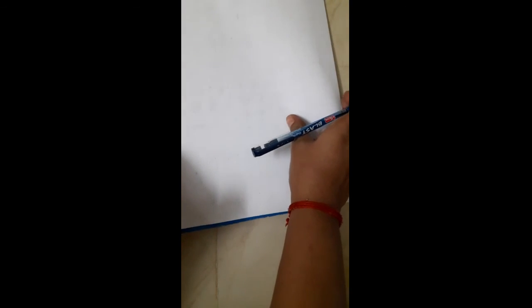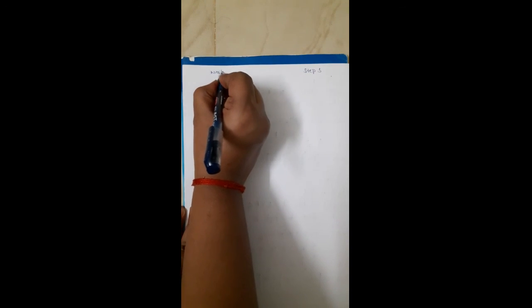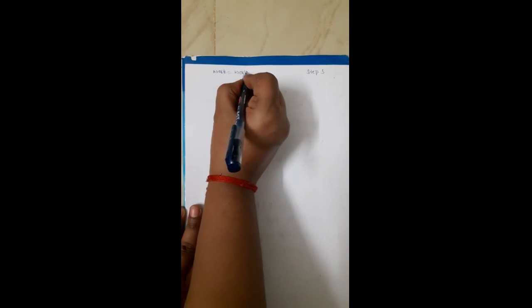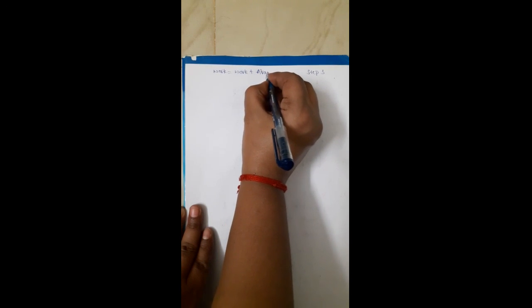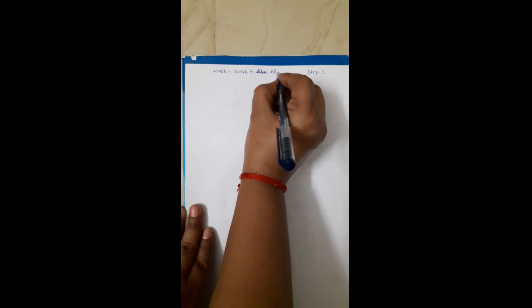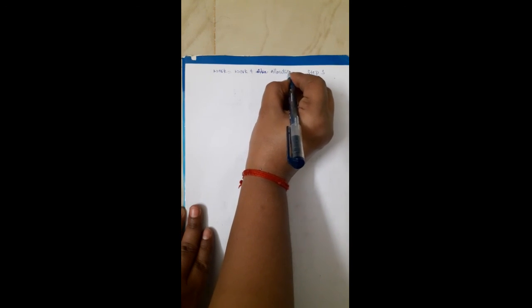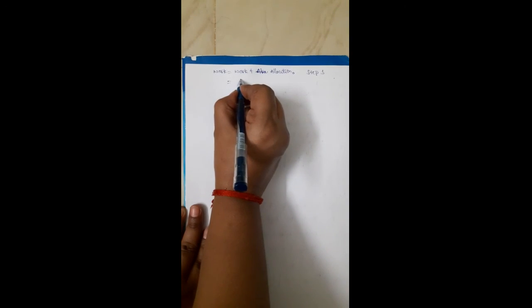Now we'll move to the next step, that is step number 3. According to the algorithm, what happens here? Work is equal to work plus allocation. Allocation of which process? P0, right? So what is work here?